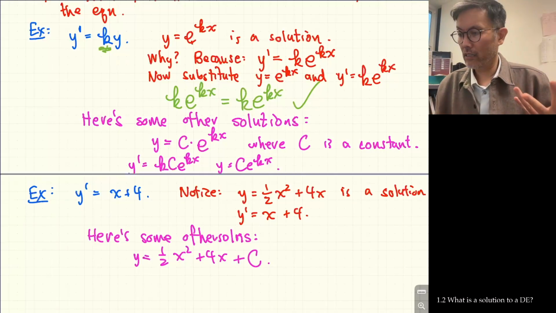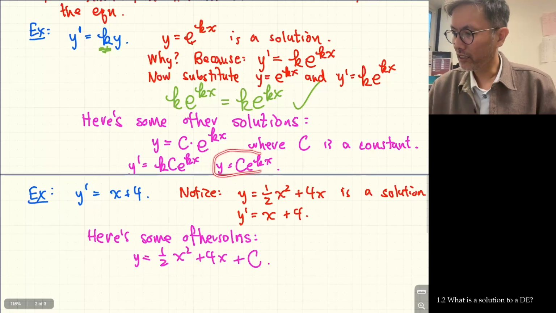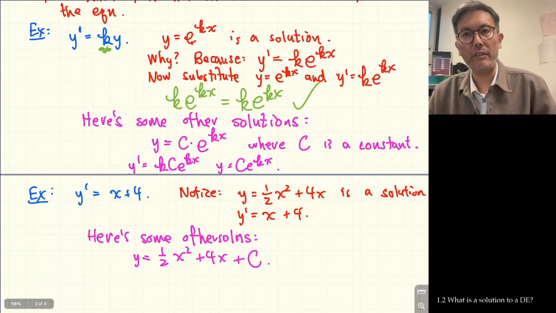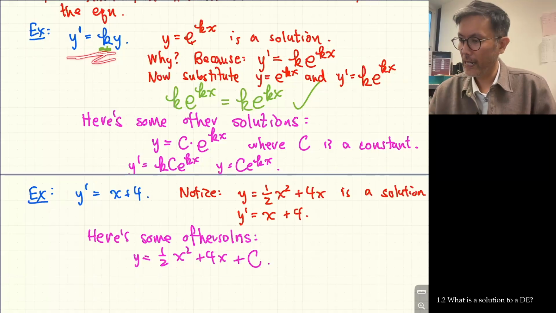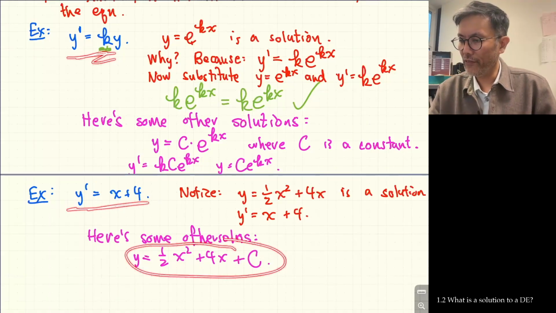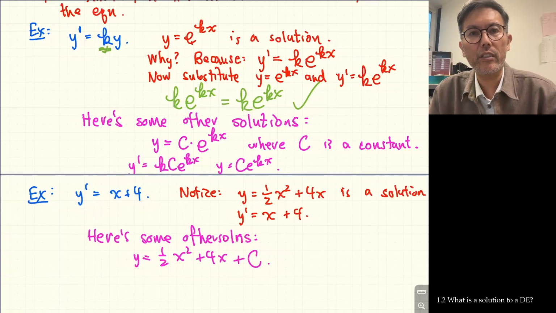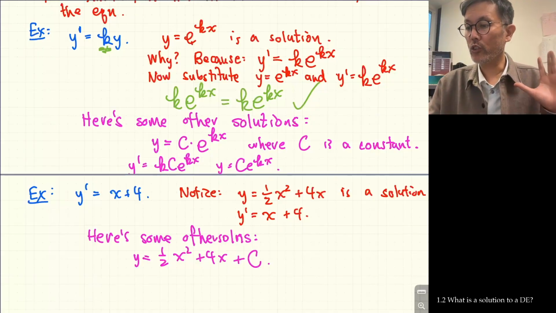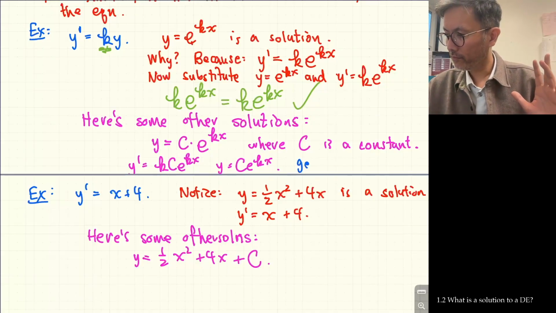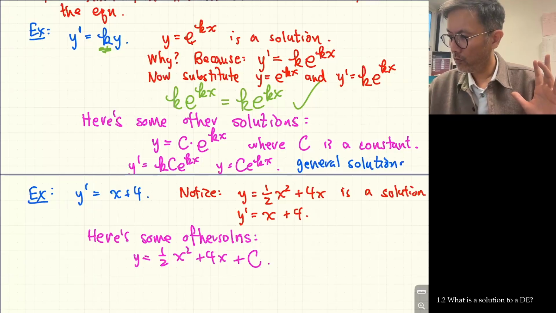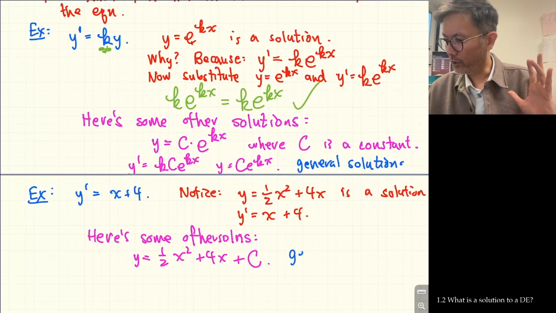In fact, this thing here, which was this infinite family of solutions to this equation, and this thing here, which is the infinite family of solutions to this equation, these are what are known as general solutions. This is the general solution.